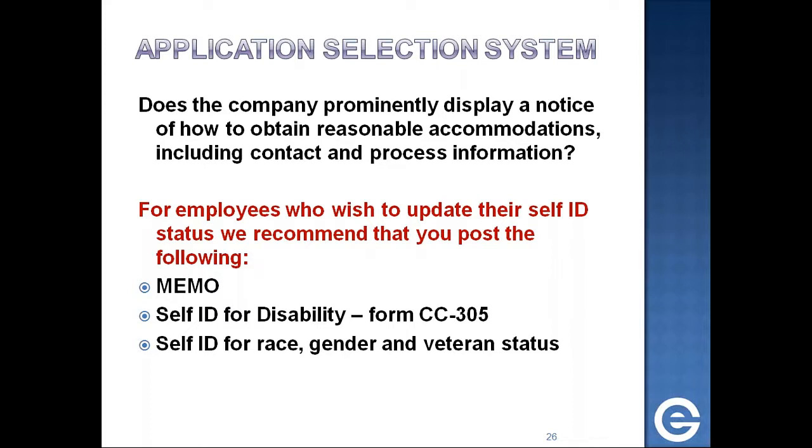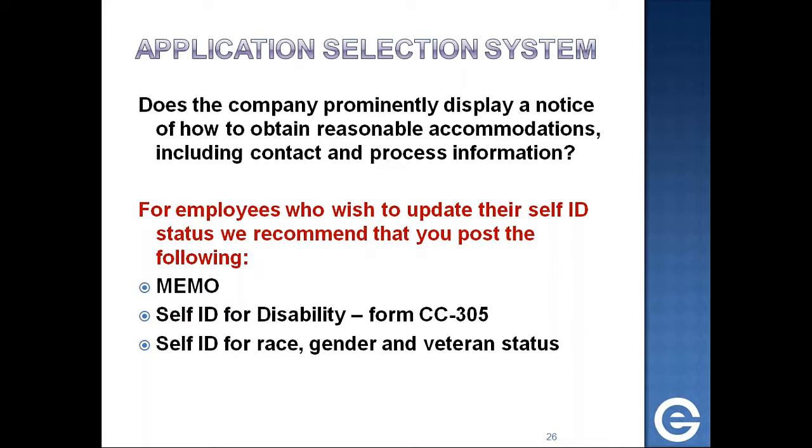So how do you display a notice? How do you communicate that both to applicants and employees? You do it with the self-ID forms. This is one of the ways we suggest. Post a memo with your self-ID for disability and your self-ID for race, gender, and vet status.